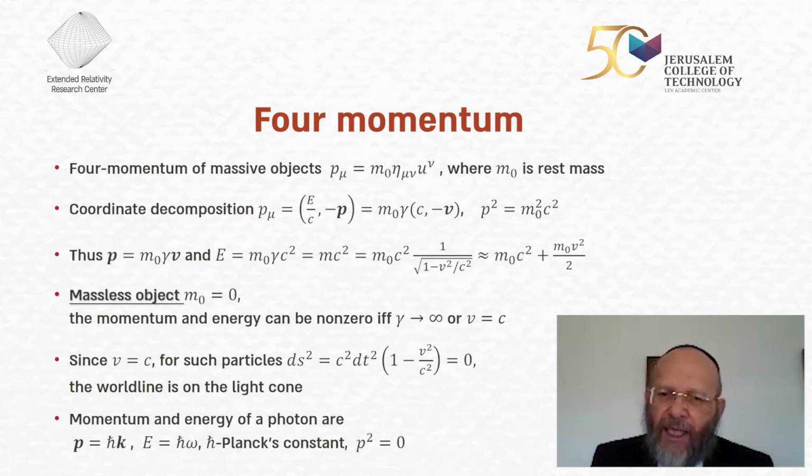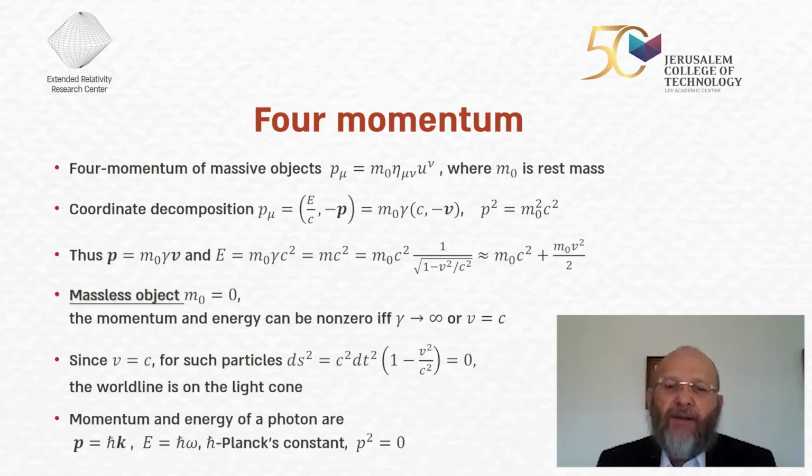Now we can use the previous formula for the momentum and the energy, but it turns out there is another formula, and the momentum is connected to the wavelength. All those particles have a frequency, they are oscillating.